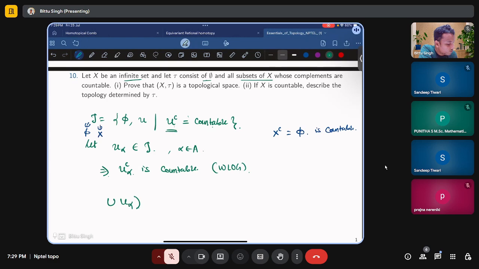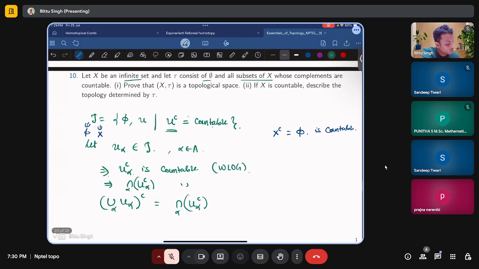What about the complement of the union of U alpha? It is the intersection of the complements, by De Morgan's law. And we know if something is countable, then if we take an intersection, that will also be countable, right? Each U alpha complement is countable.